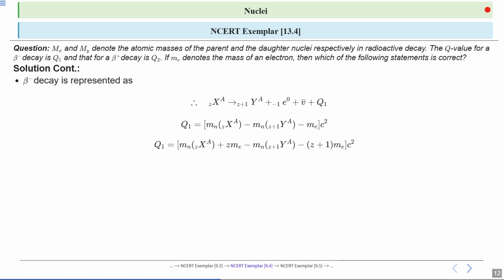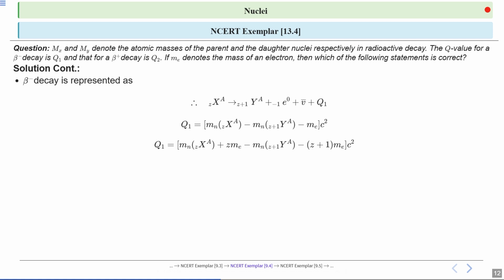After some modifications, the equation becomes Q1 equal to the mass of nucleons of parent nucleus X plus Zme, that is the mass of all electrons present in the parent atom, minus the mass of nucleons of daughter nucleus, that is Mn of Y, minus Z plus 1 Me, that is the number of electrons present in the daughter atom, Z plus 1, multiplied by C square.